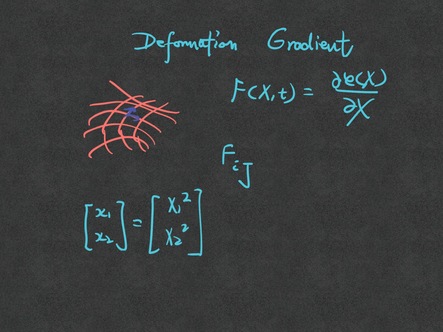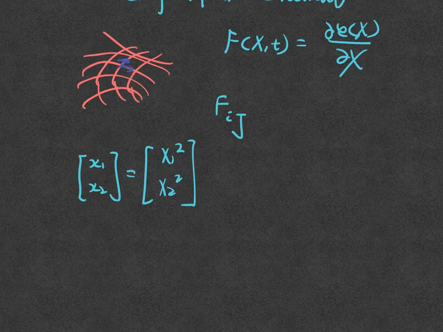What is this thing doing? Can you see what happened to that mapping? What will happen physically? Let's say I have a cube, and for any given point, big X1 and X2 are the original coordinates. If X1 and X2 are the coordinates, what would the deformation look like?